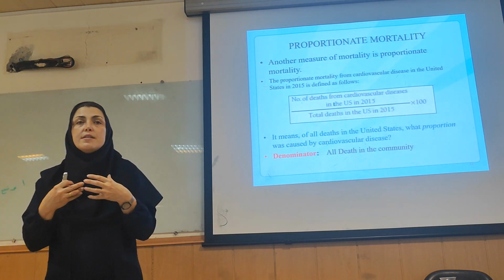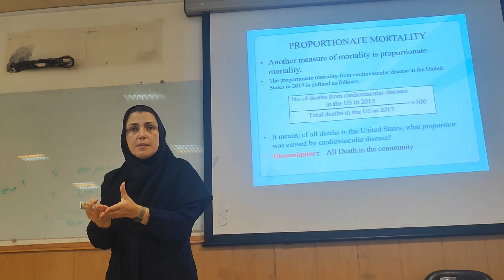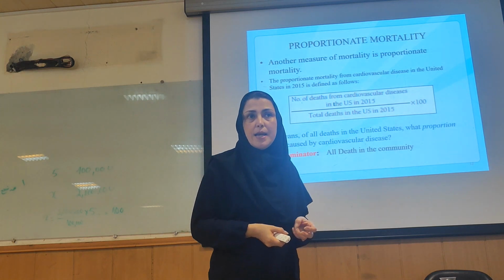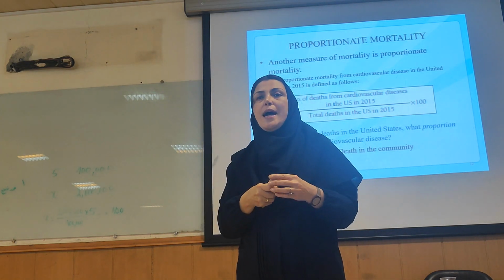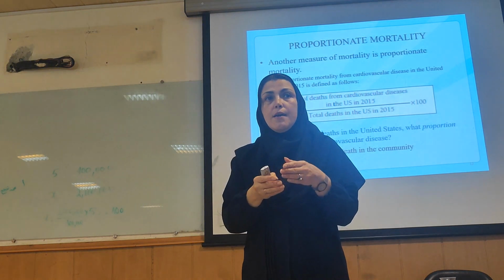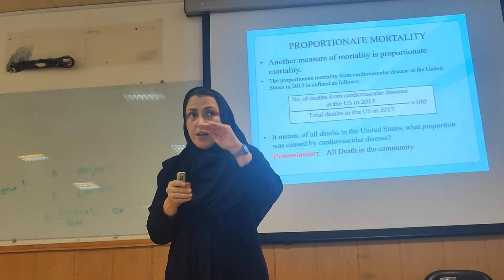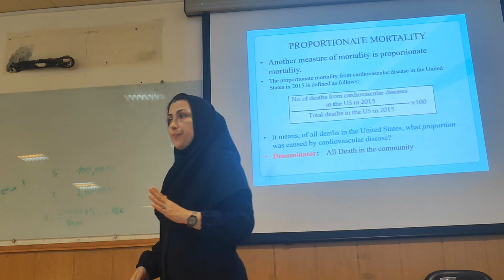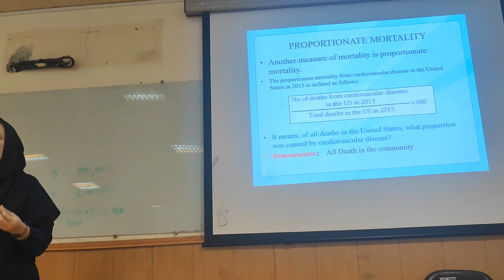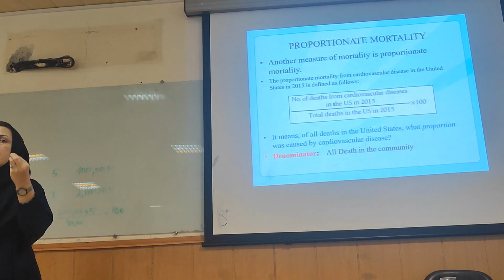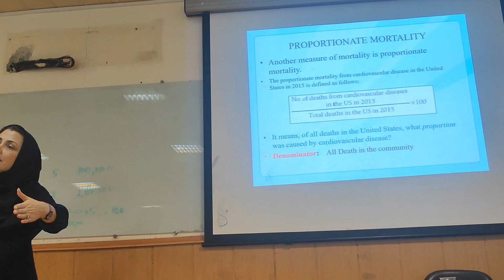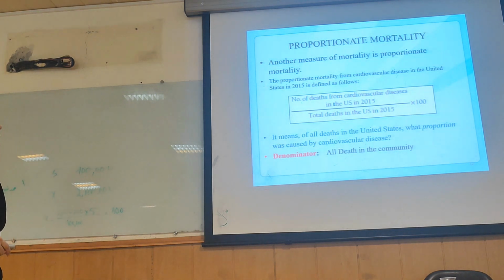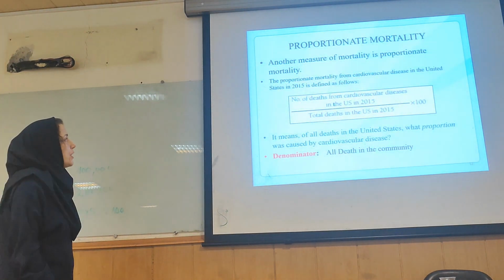For example, if a new method of treatment is invented and we treat our patients with a new drug, we expect to have less case fatality after several years. Okay? The impact of new modalities of treatment and diagnosis can be translated into reducing the case fatality. Okay?